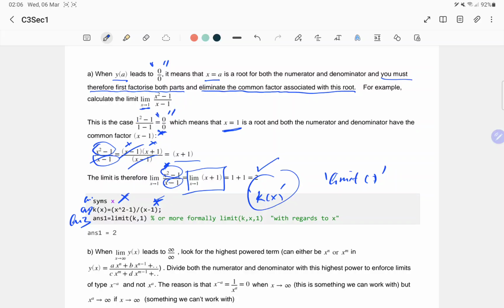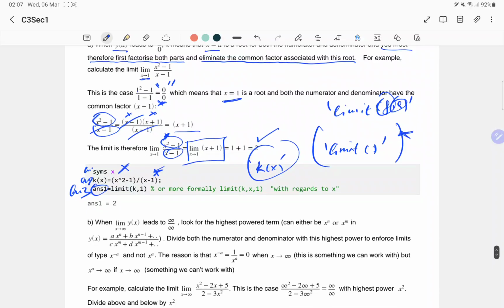The result of the limit computation is assigned to the variable answer 1. So the syntax of the limit function is limit(f, a). Here f is the function and a is the value that x approaches. So this gives us 2.